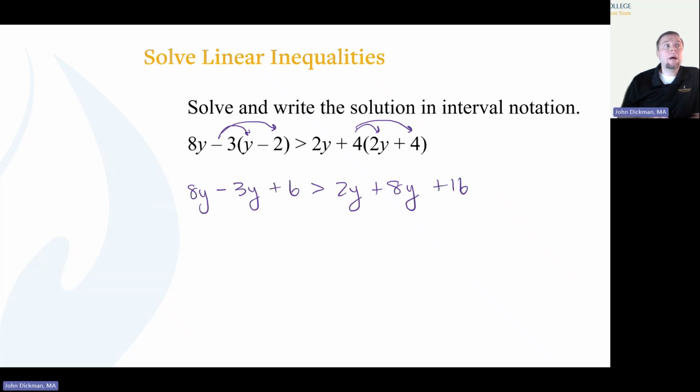Okay, let's combine our like terms. We have 5y plus 6 is greater than 10y plus 16.